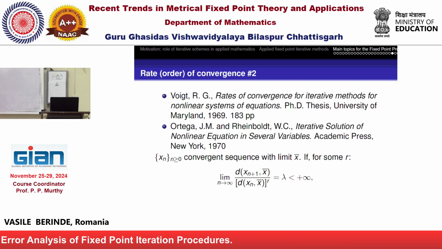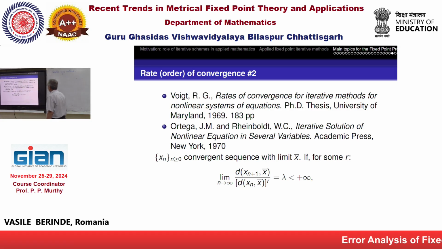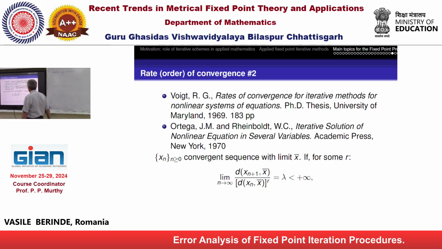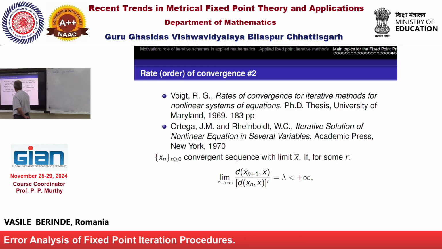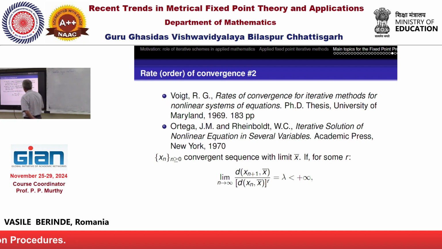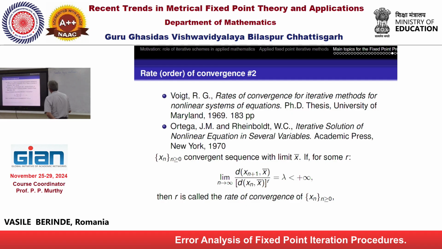Look, we have a sequence xn which is generated by a certain iterative method, and this sequence converges to the limit x bar, and if we have this relation, so the limit of d(xn+1, x bar) over d(xn, x bar) to the power r is a certain finite lambda, then we have the following concept. r is called the rate of convergence of this sequence.